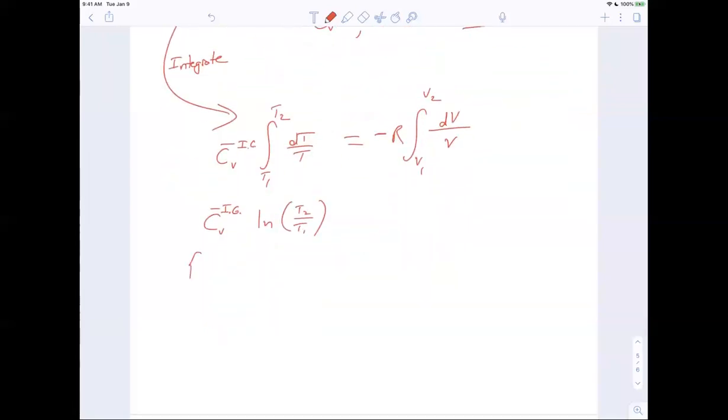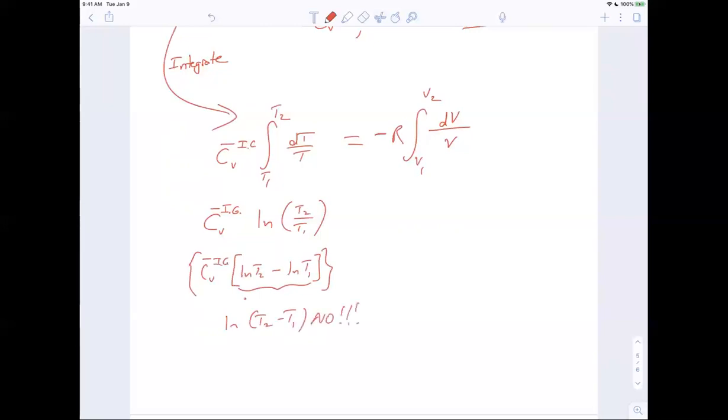And just to refresh your memory, if you did the integral, it would be natural log T2 minus natural log T1. And so we can write this as a ratio in a log. Be very careful of writing this as natural log of T2 minus T1.